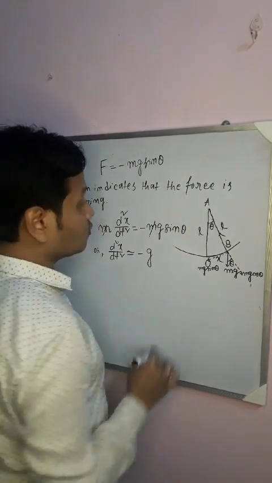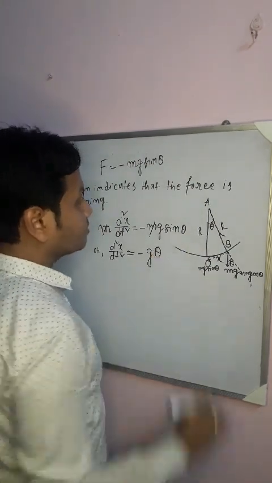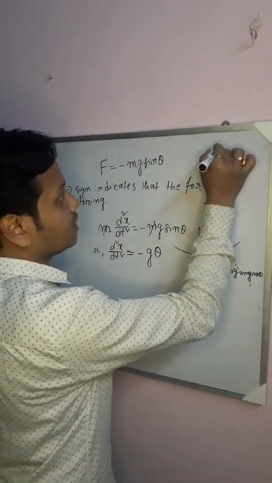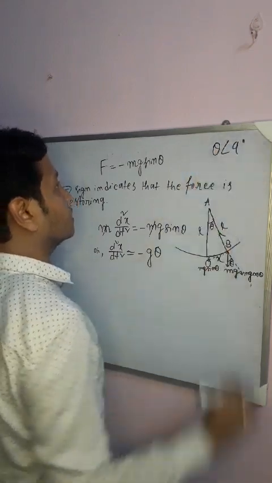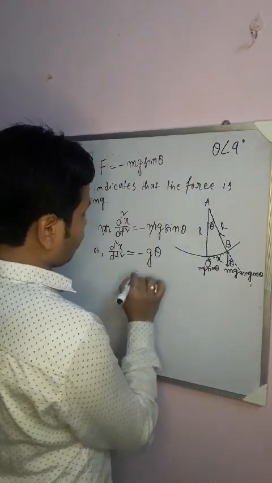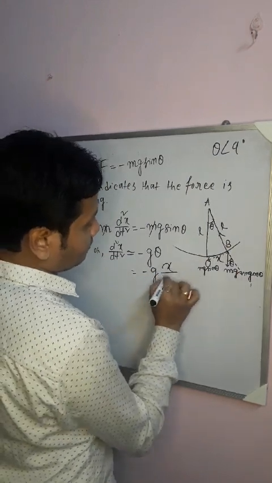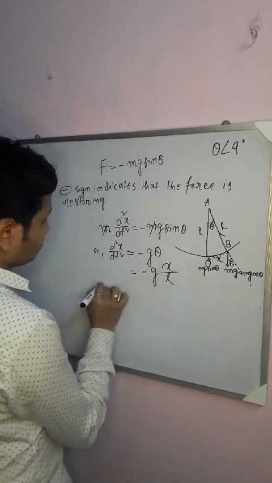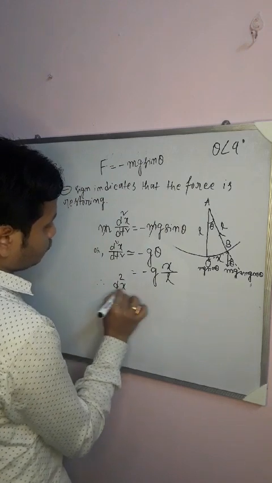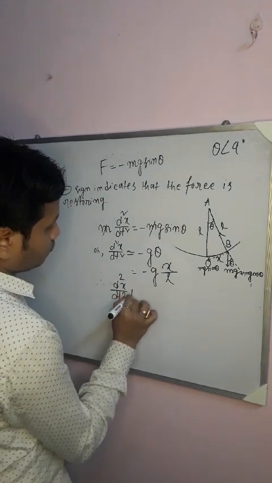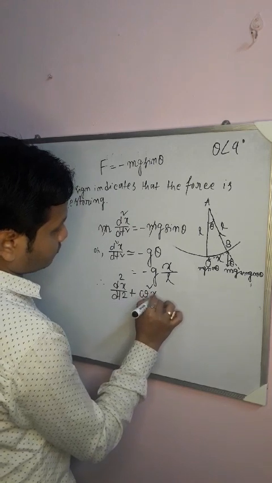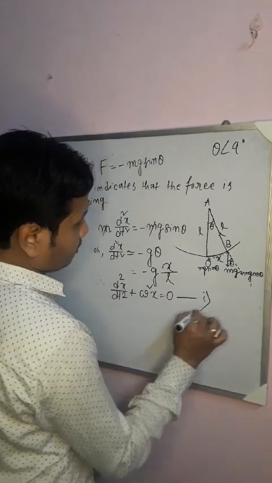Here theta is very small, so we put theta instead of sin theta, since the angular displacement is always less than 4 degrees for a simple pendulum. What will theta be? x by L.